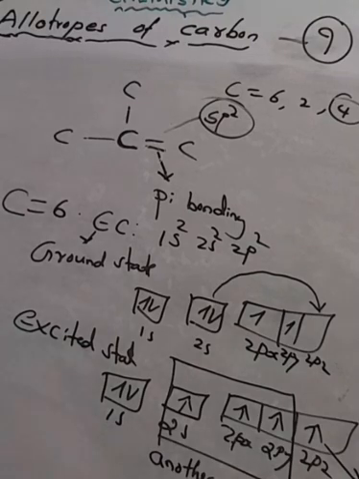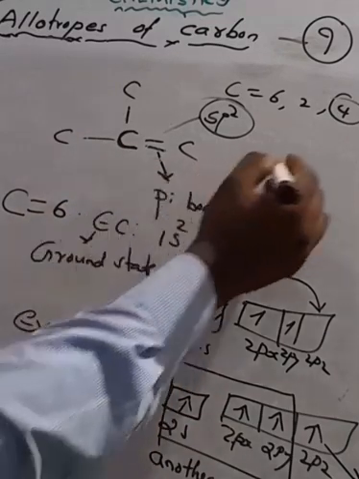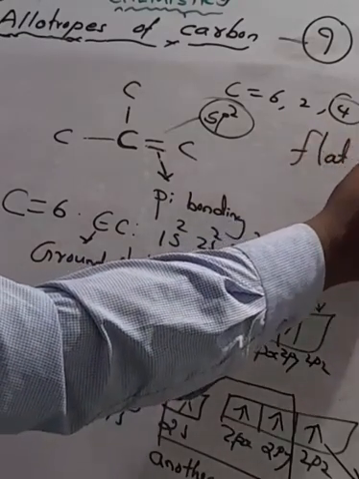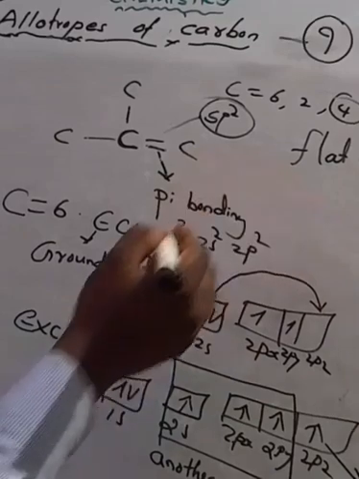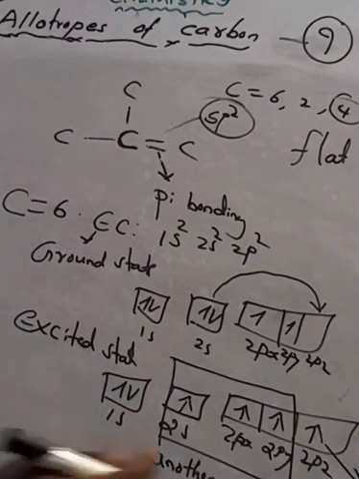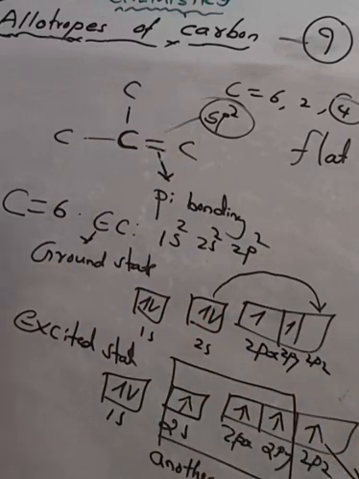These pi electrons are delocalized over the entire sheet. We know the flat shape, am I right? Already we learned the flat shape of the two-dimensional sheet of graphite. Here, the pi electrons are delocalized over the entire sheet.